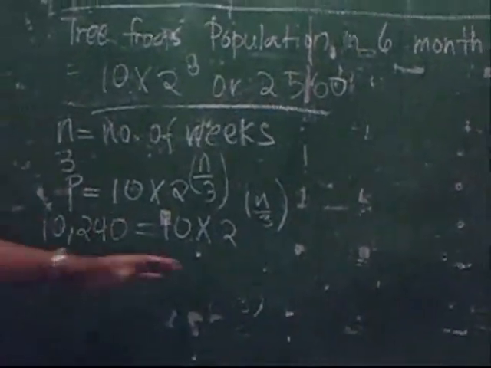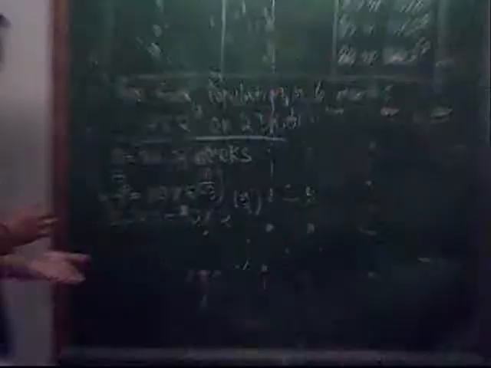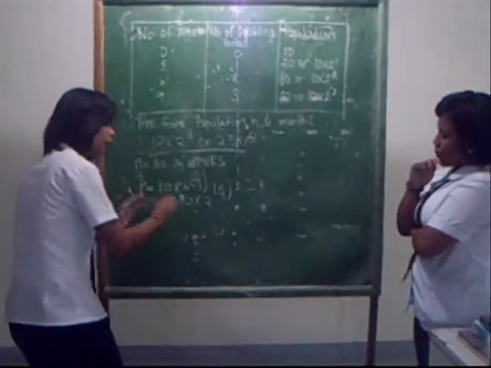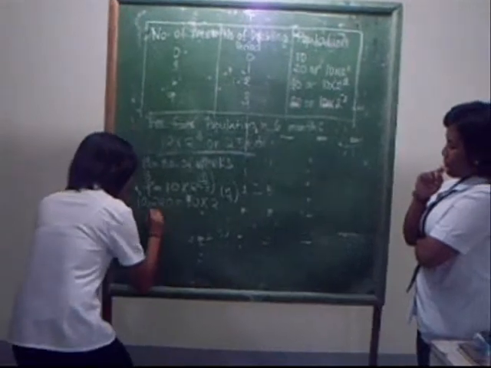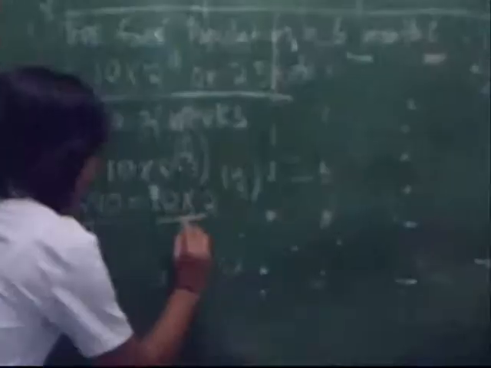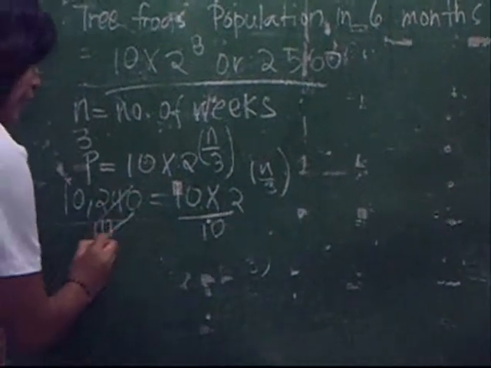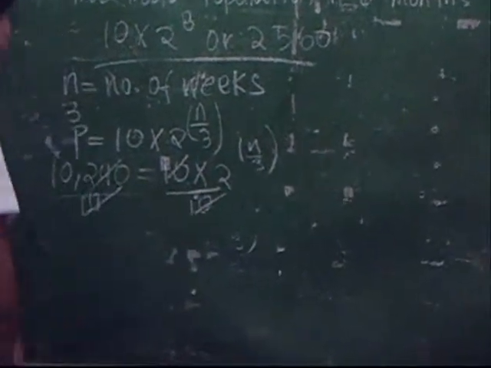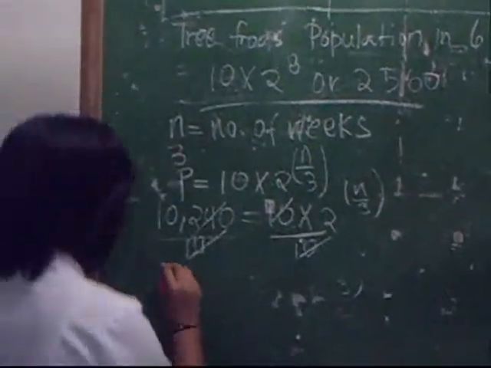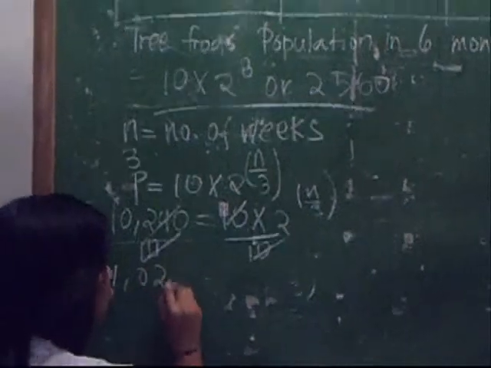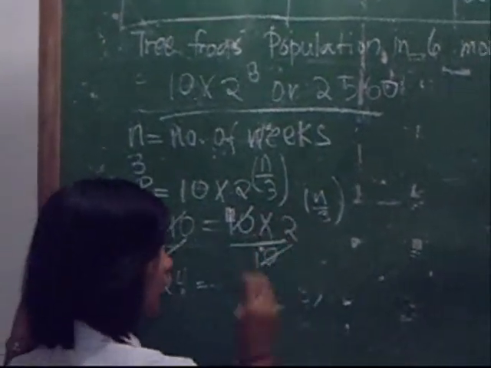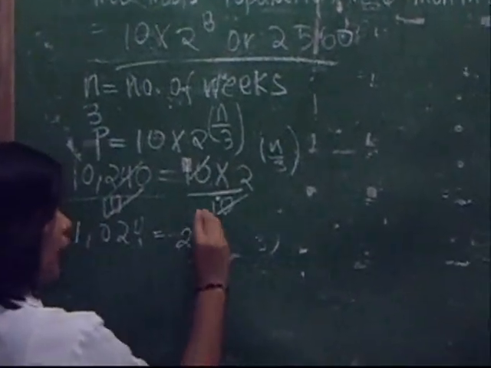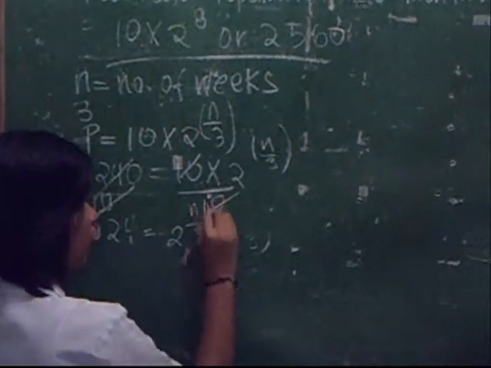To make it easier, we're going to divide both sides by 10. The 10 will be cancelled out. So, 10,240 would be 1,024. And on the other side, we're going to bring down 2 raised to n over 3.